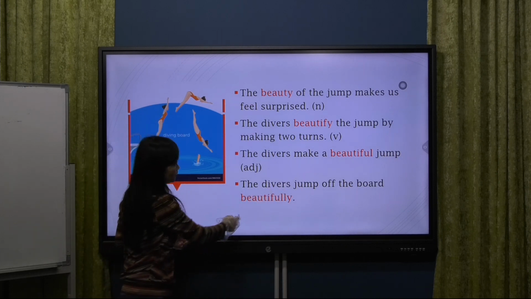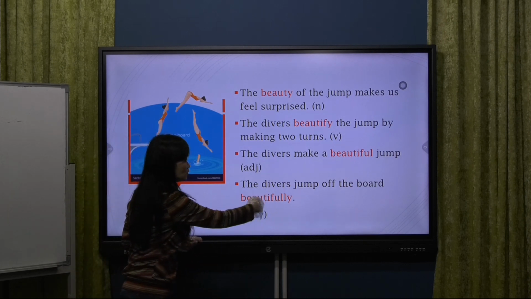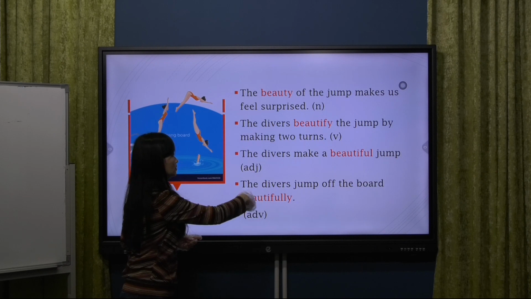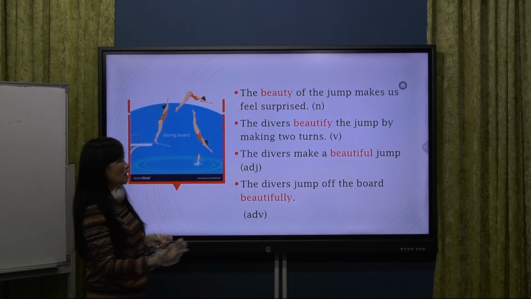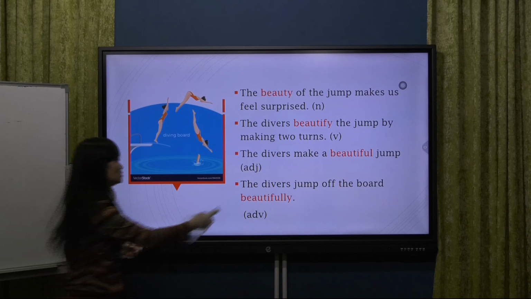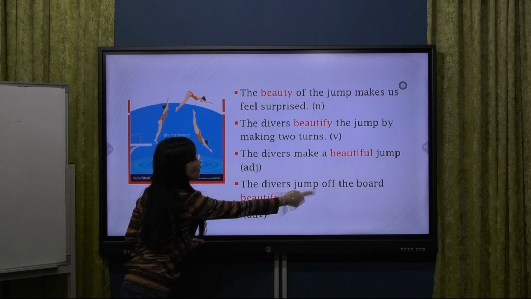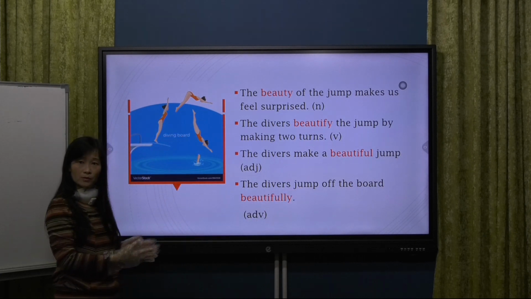And beautifully is an adverb. It is used to describe how they jump off the board. So are you okay with all this? So beautifully describes jump off, describes the verb. So are you okay with all this?